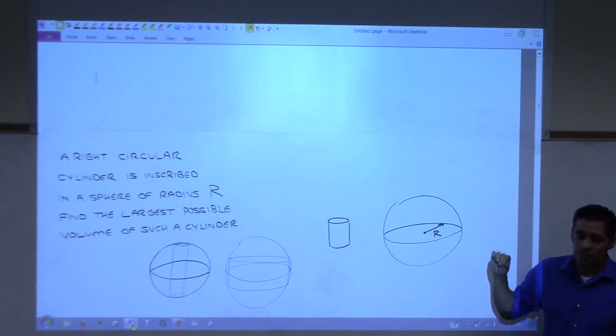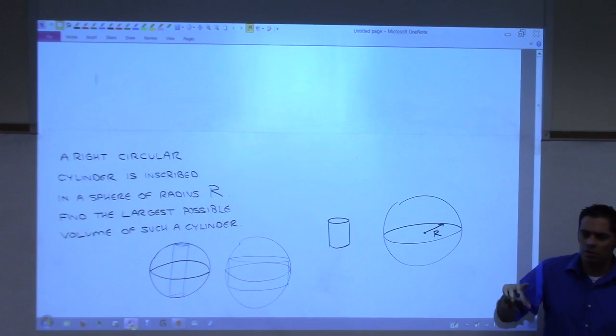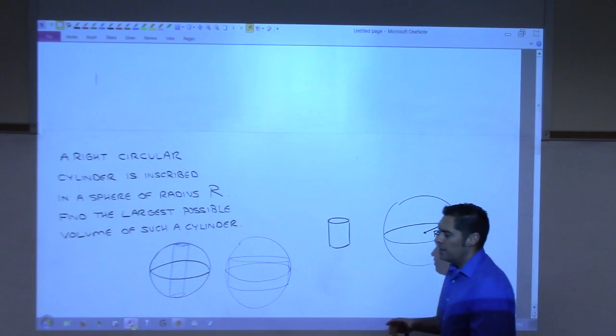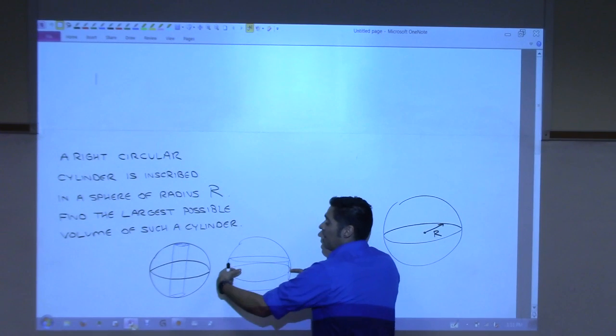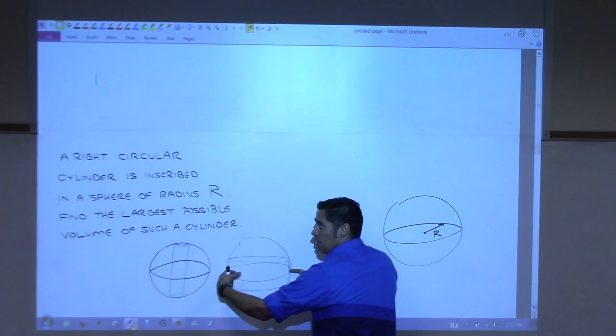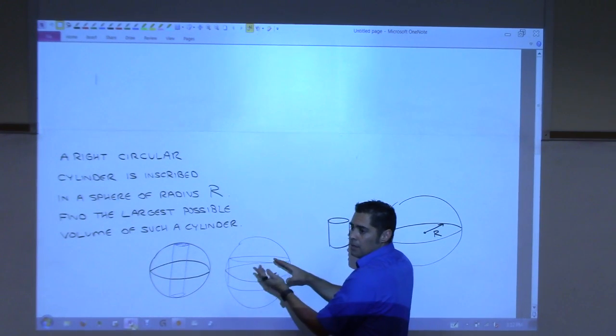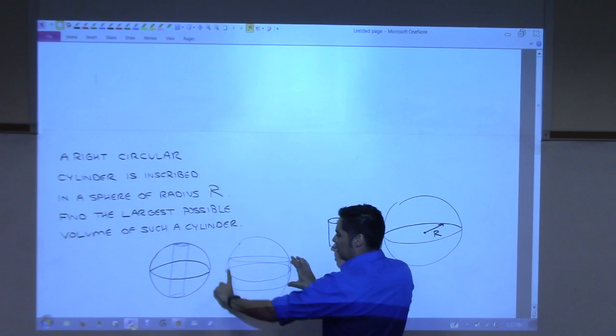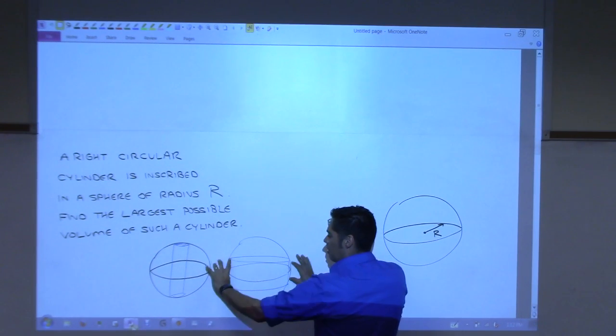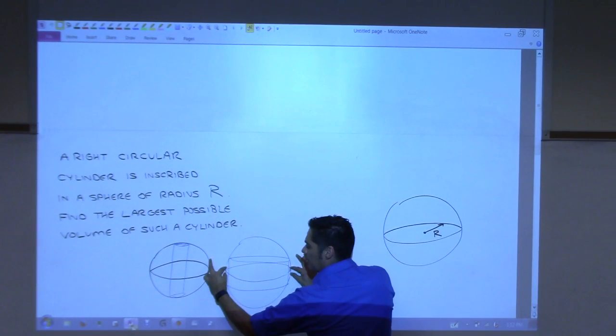0. You couldn't have a cylinder in here that had the same radius as the sphere unless the height was actually 0. Right? Because as you go out, look what's happening to these edges. They're coming down and pinching off into nothing.